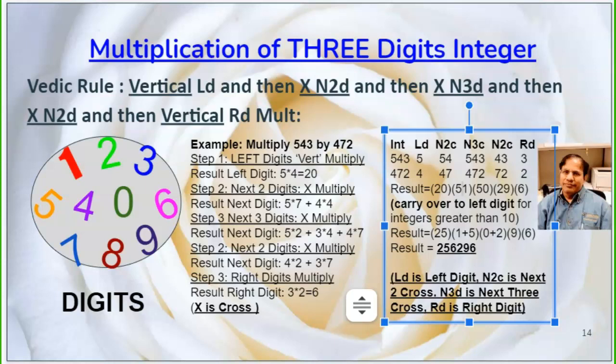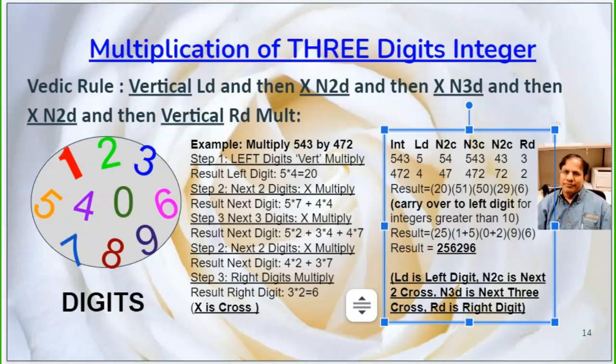Then we multiply 3 digits at a time: 5 times 2, plus 4 times 3, plus 4 times 7, and we end up with the digit 50. And then we do the next 2 digits, which is 43 multiplied by 72.